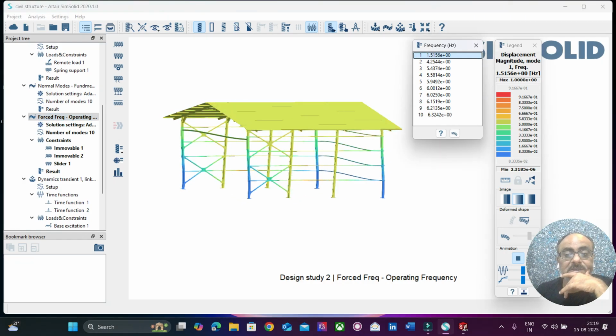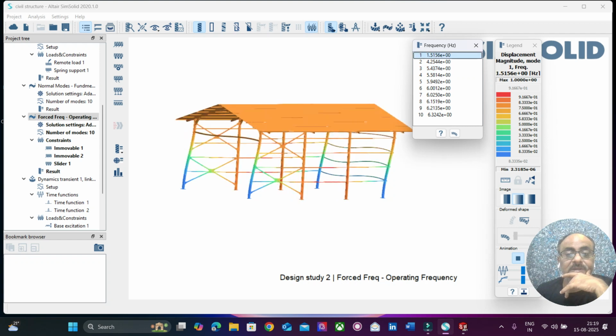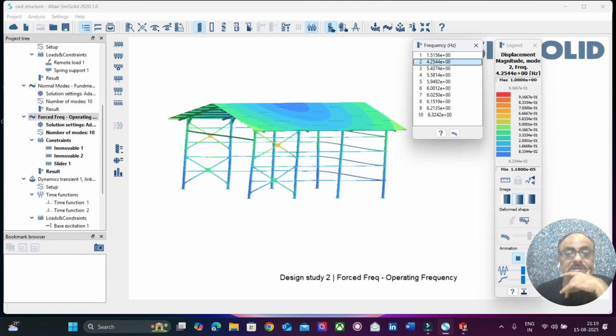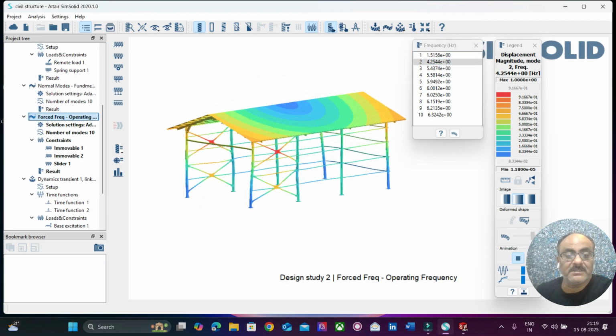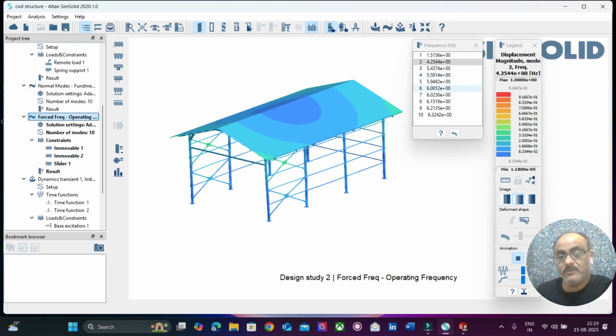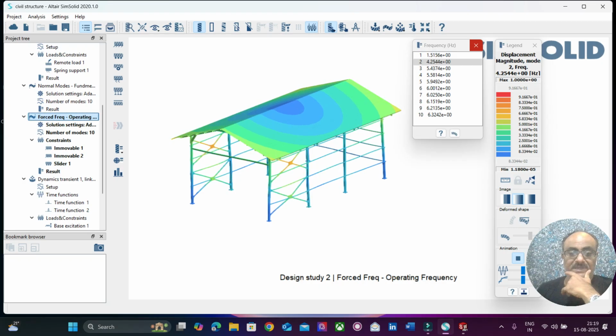The first 3 modes, 1.5 hertz, 4.2 and 5.4 hertz, are influencing the complete structure, whereas the other modes are influencing the support members.